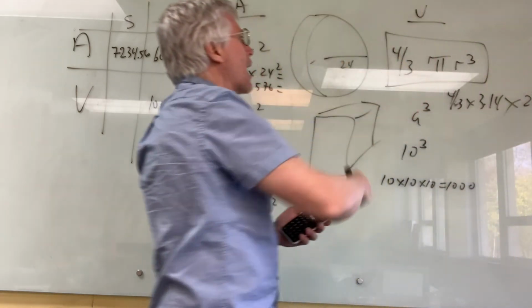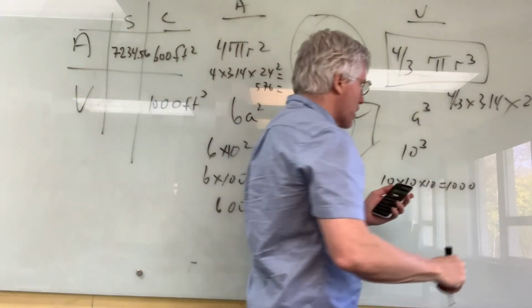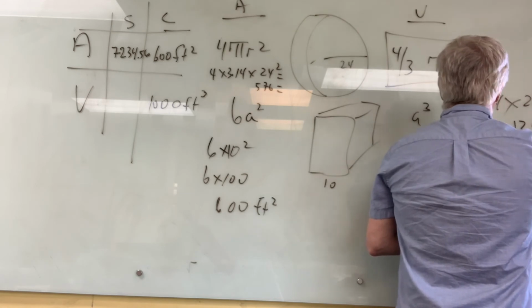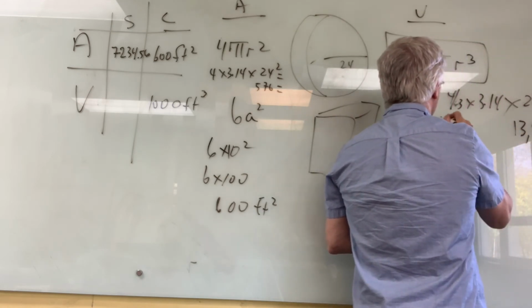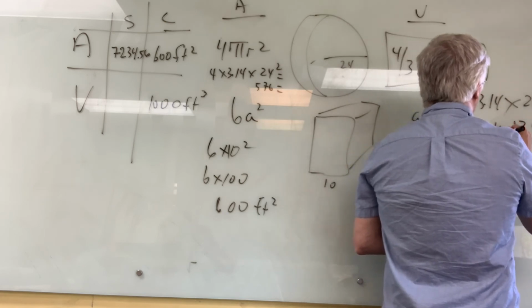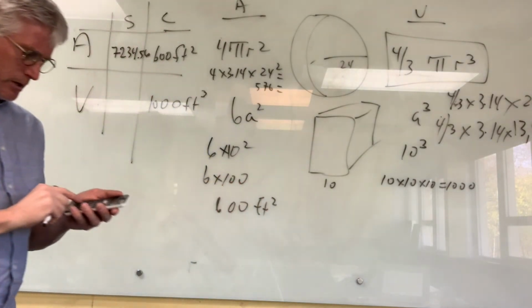So you do 24 times 24 times 24 to give you 13,824. This is a big number. 4/3 of that times 3.14 multiplied by that.